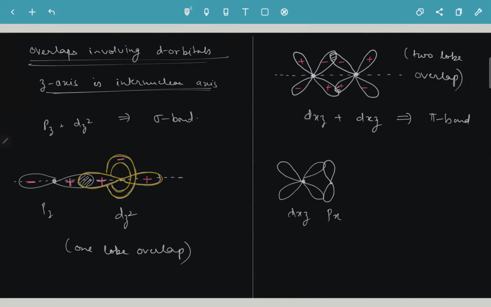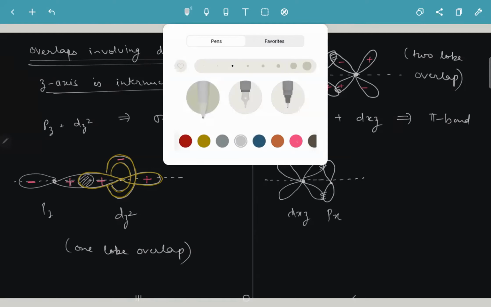Because z axis is the internuclear axis, px will be perpendicular to it. This also results in a two lobe overlap, resulting in formation of a pi bond.